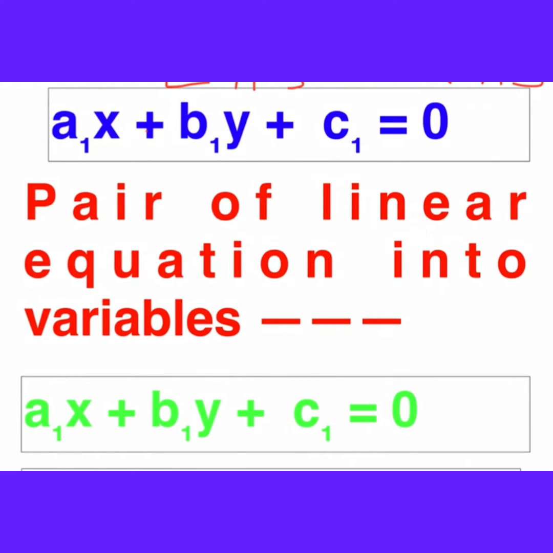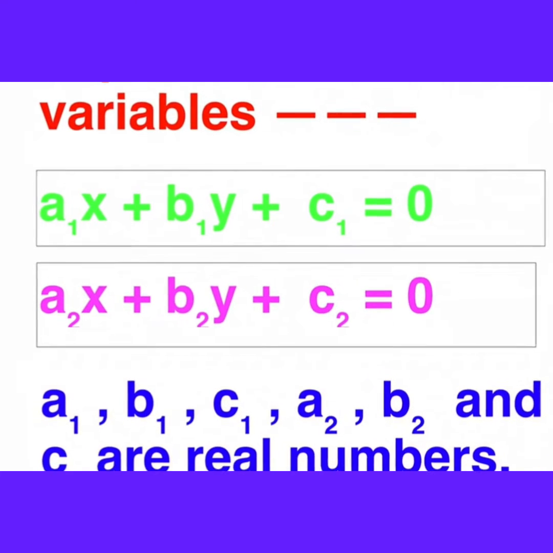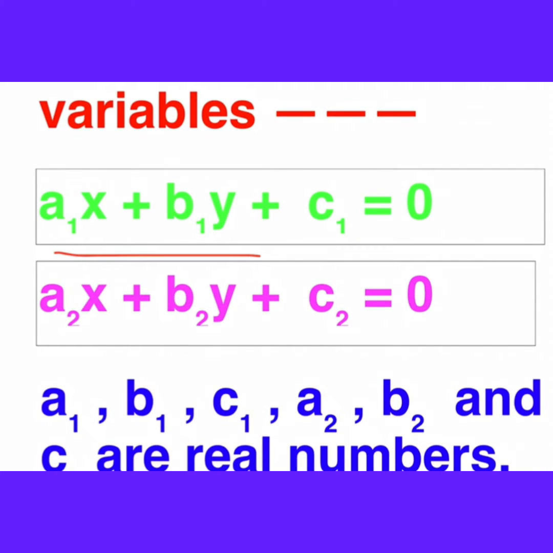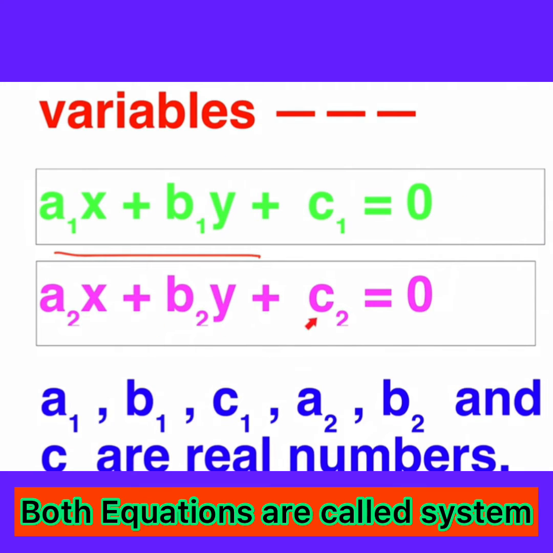Now what is a pair of linear equations in two variables? That is our topic, our title. The general form is a1x plus b1y plus c1 equal to 0 and a2x plus b2y plus c2 equal to 0. This form is known as a pair of linear equations in two variables. Why pair? Because this is one linear equation in two variables and this is the other linear equation in two variables.